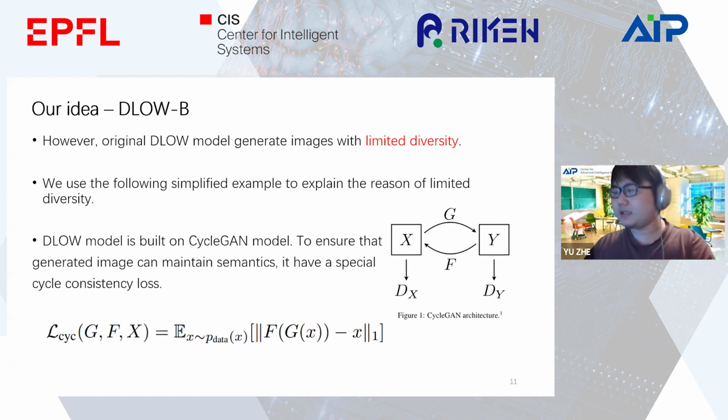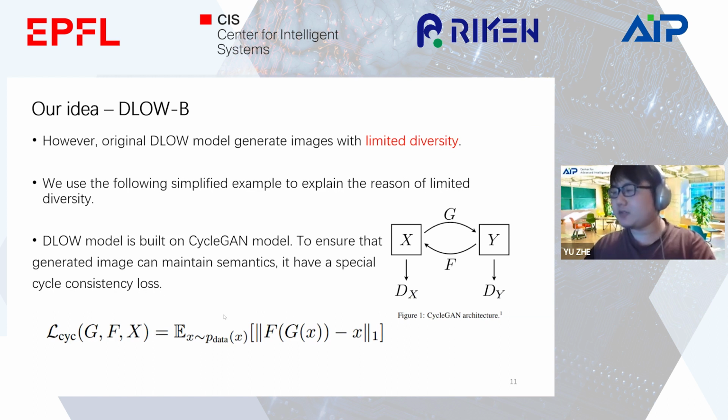In the cycle-GAN model, they have a very special loss function to ensure that the generated images maintain the semantics. This loss is called the cycle consistent loss.